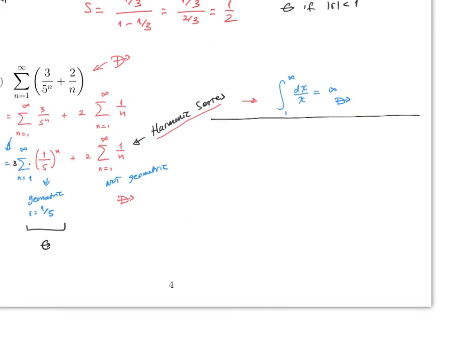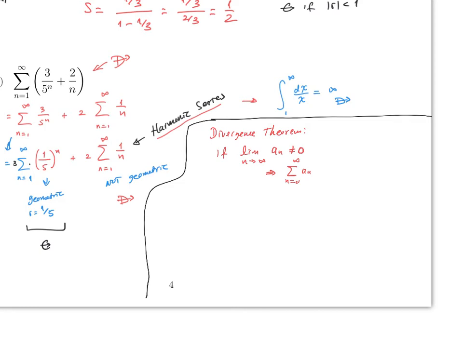Now note something that's going to be very, very useful, and people confuse the meaning of this all the time. There's something called the divergence theorem, and this is something that you need to remember for the rest of the class. And the divergence theorem says the following: if the limit as n goes to infinity of a_n is not equal to 0, then automatically that implies that the series is divergent.